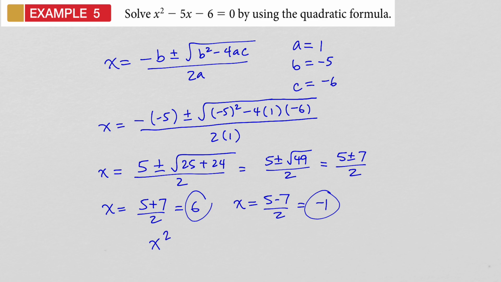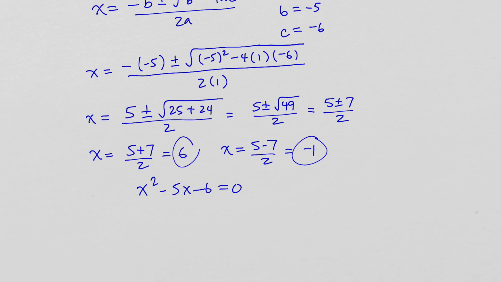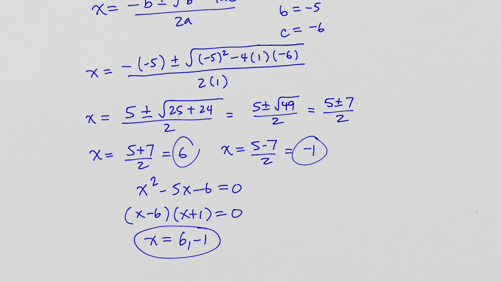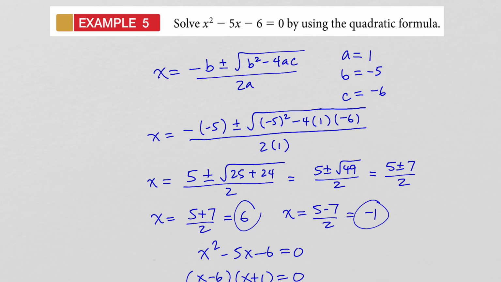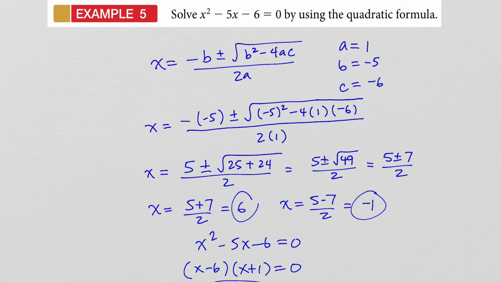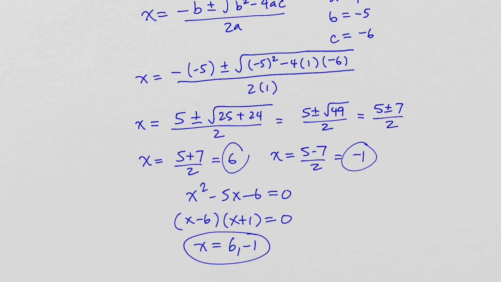Rather, you could have used factoring. So let me just remind us that if we were to factor this, we would have had x minus 6, x plus 1 equals 0. And then when you set each one of those factors equal to 0, you would get the same two answers. So again, the quadratic formula wouldn't necessarily have to be used in this example, but we learn it to be able to solve quadratic equations where we cannot factor.